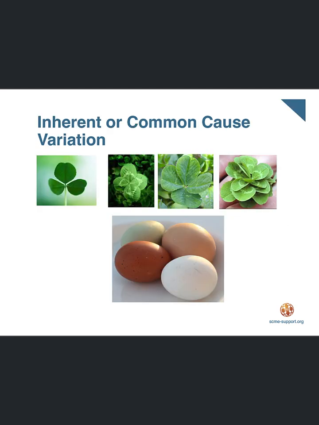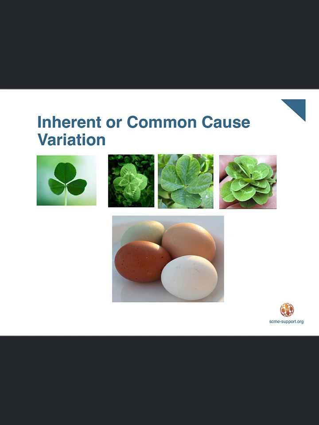All products, whether man-made or nature-made, are not created equal. There is a natural or inherent variation in all processes. In a field of 3-leaf clovers, you won't have to look too hard to find a 3, 4, 5, or even an 18-leaf clover.